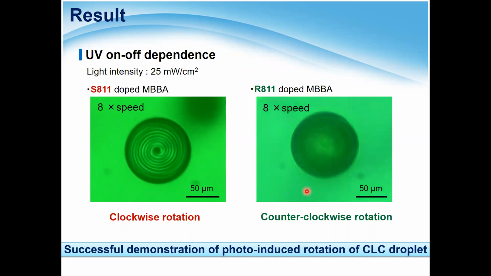And then when the light is off, and on again, like this. So surely we could demonstrate the rotational motion by light. Light-induced control of rotation was possible, and by changing the chirality of the dopants, the rotational direction could be controlled.